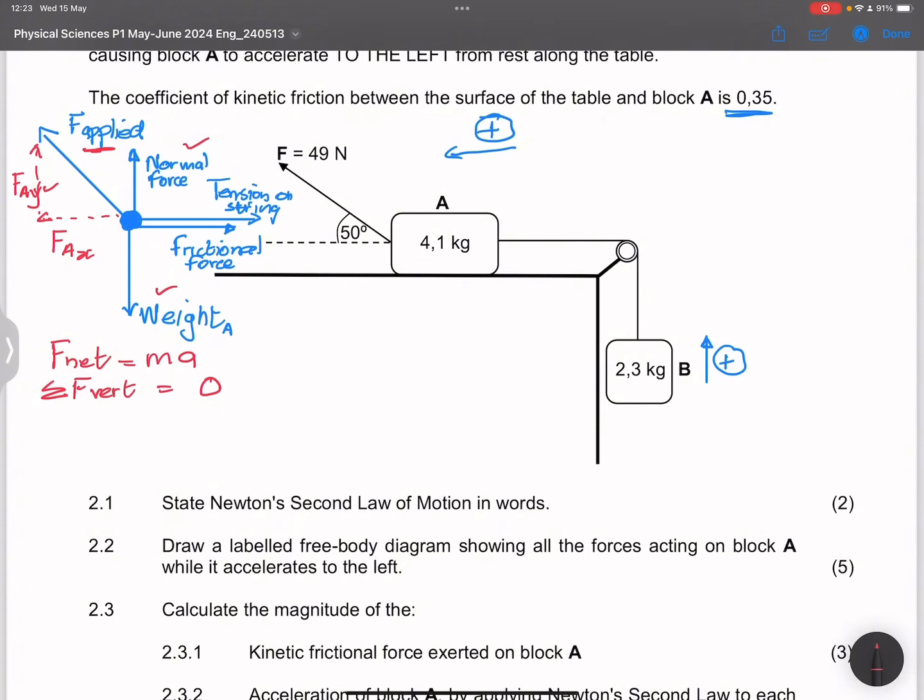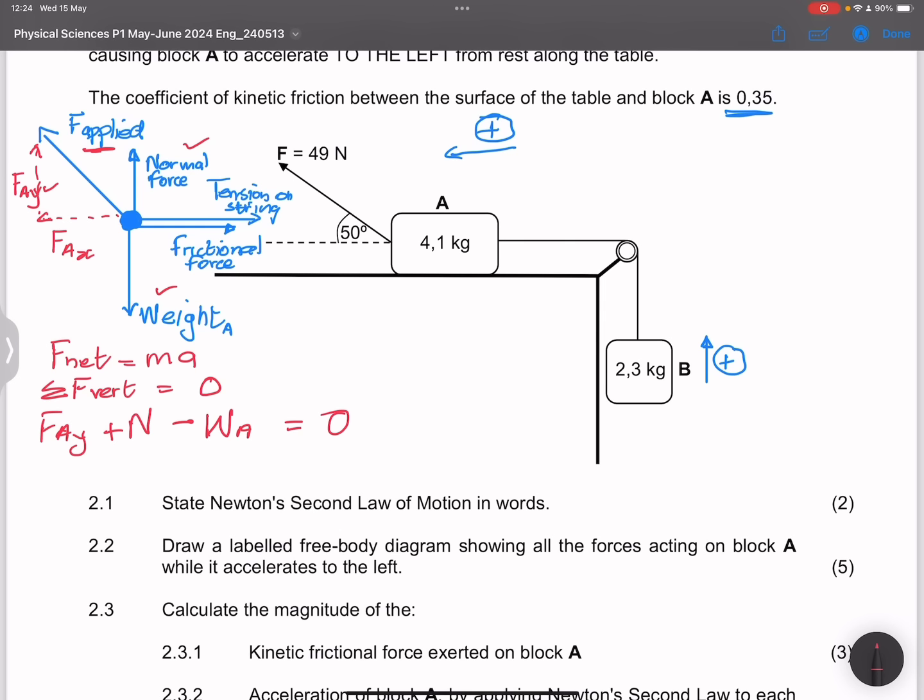So this is going to be the vertical force applied. I'm going to take forces going up as positive. So it's going to be FAY plus the normal force minus the weight on A, and this is equal to 0.